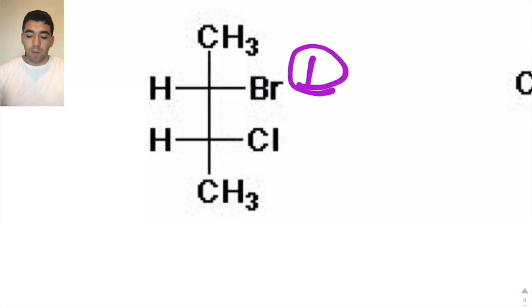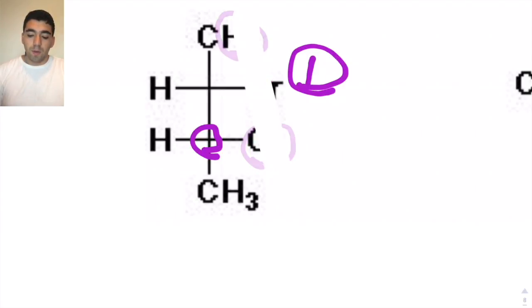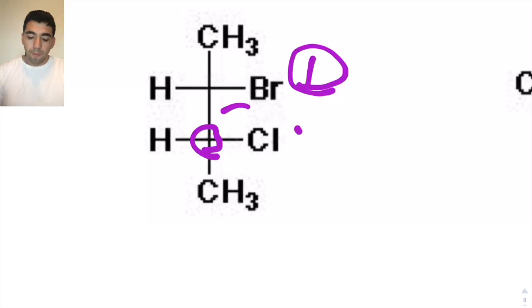Br is going to be heavier than carbon, so that'll be our first priority. Then this carbon over here has this chloride attached, and that chloride has a higher priority than these H's, so we're going to have that at 2, this at 3, and that at 4.